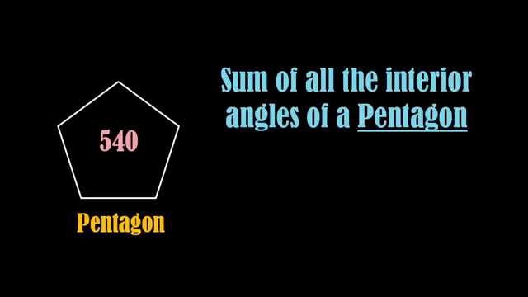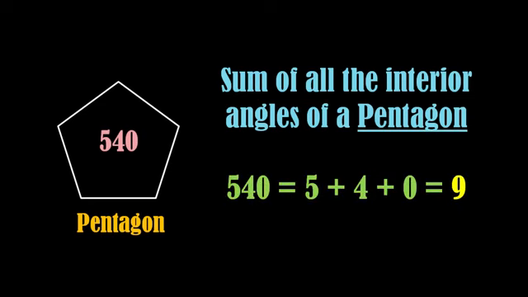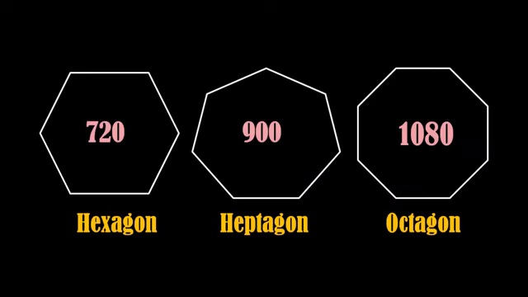Now we have a pentagon. The sum of all the interior angles of a pentagon is 540 degrees, which also adds up to 9. We get the same digital root 9 on repeating the same process for hexagon, heptagon, and octagon.